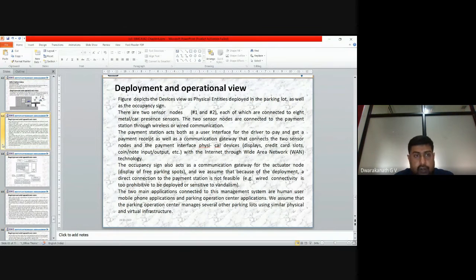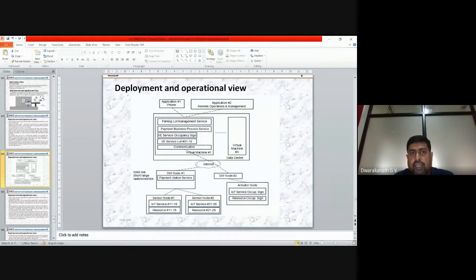Now, taking that into consideration, you can see this is an activity diagram which you can model, and here sensor 1 and sensor 2 are in the area.